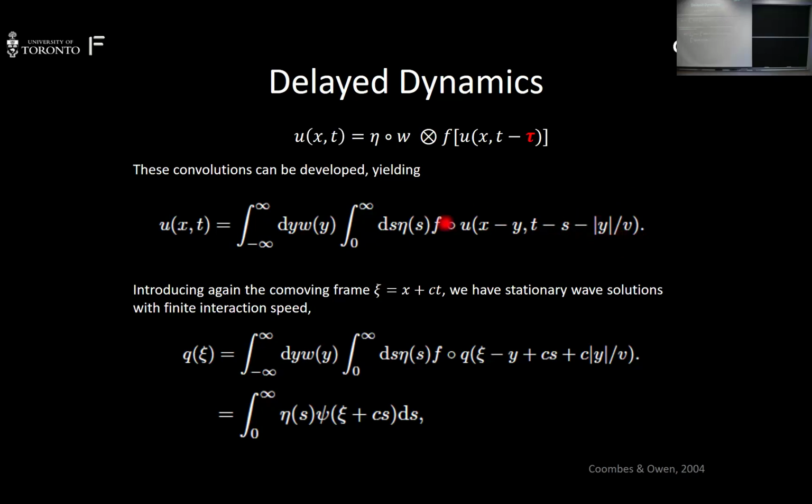So s minus the absolute value of y over, it's not v, it's eta, isn't it? So this is our time delay, in a more complete version of our neural field equation. All of the analysis basically can still apply, but we're just going to have an extra integral back over our time delay.